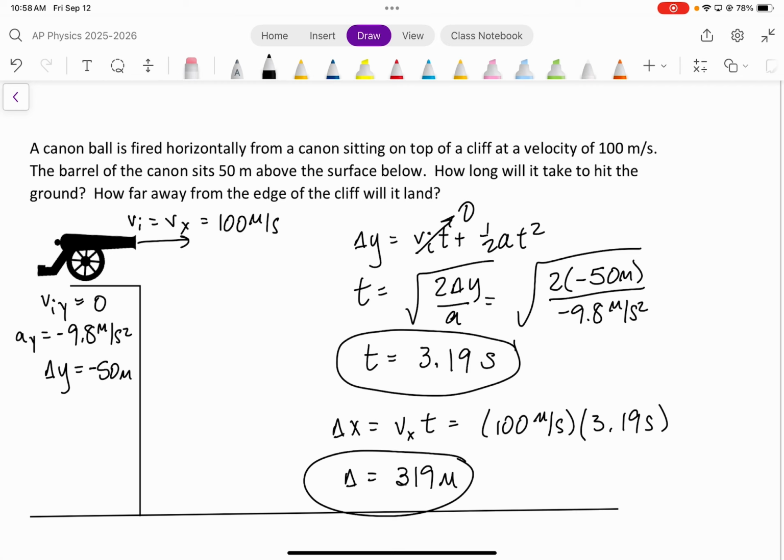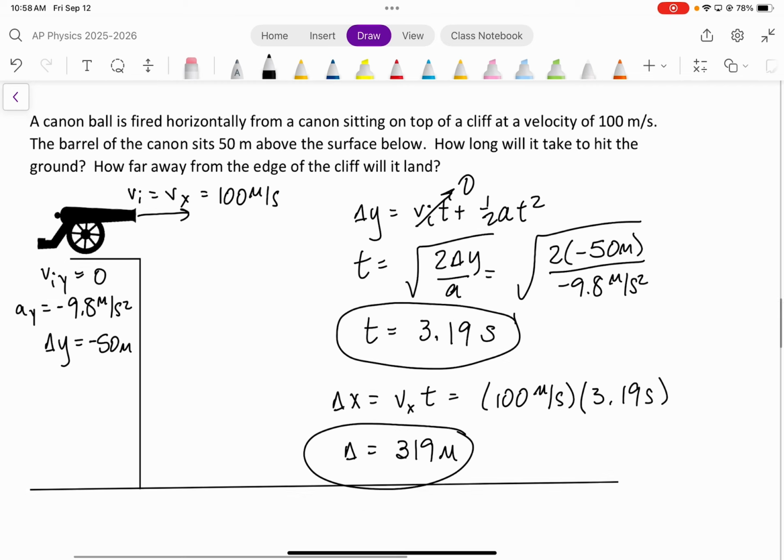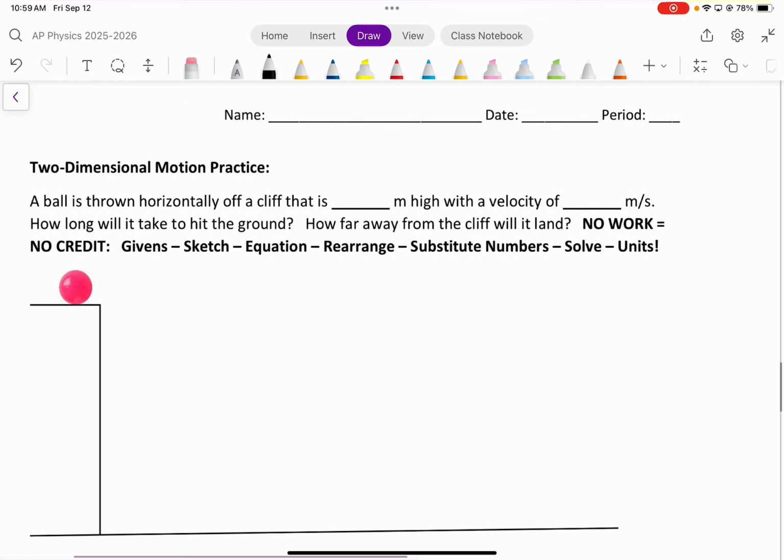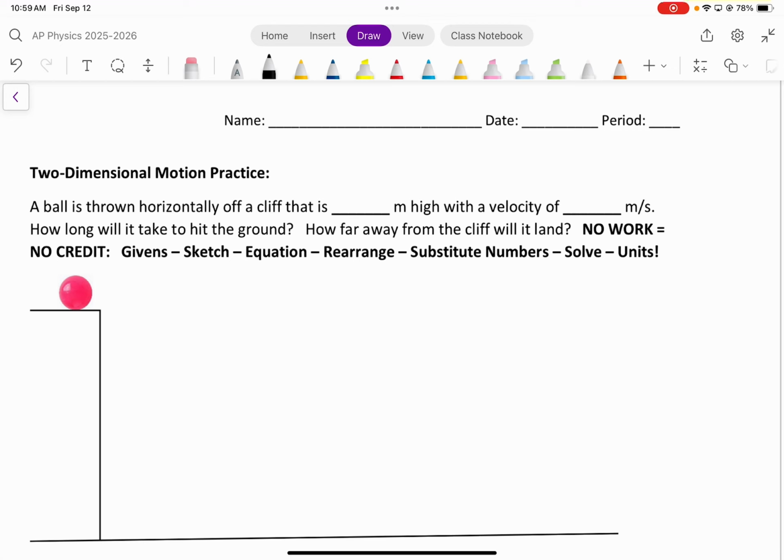All right, so your homework tonight is to do the practice on the next page. Over the weekend you have 2 problems to do, and that's it. I'm going to give you a card, and it's going to have a height and initial velocity. Mark and Malachi, you're going to be partners.